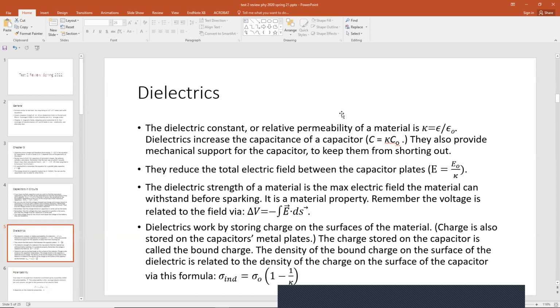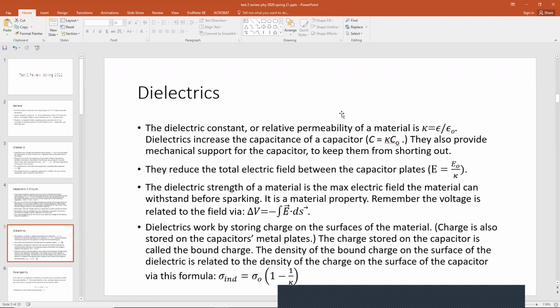The dielectric constant is a ratio of the permittivity of the substance that you stick in there, your insulator, divided by the permittivity of free space, epsilon naught, 8.854 times 10 to the minus 12 in SI units. So dielectrics increase the capacitance of capacitors.